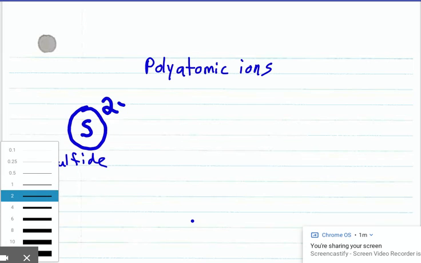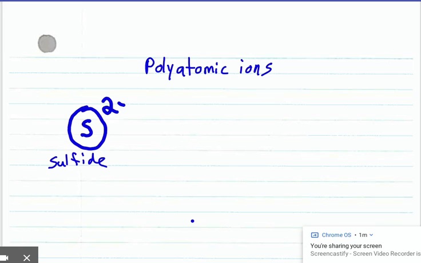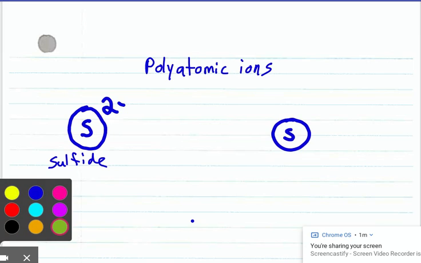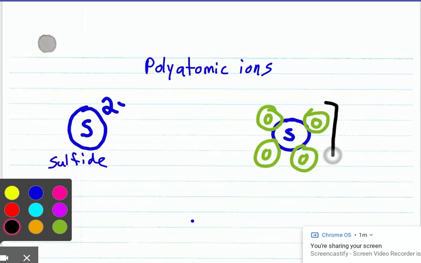But sometimes we have a sulfur, and that sulfur is going to be bound to 4 different oxygen atoms. So when that sulfur is bound to 4 different oxygen atoms, sometimes the whole thing has an ionic charge.